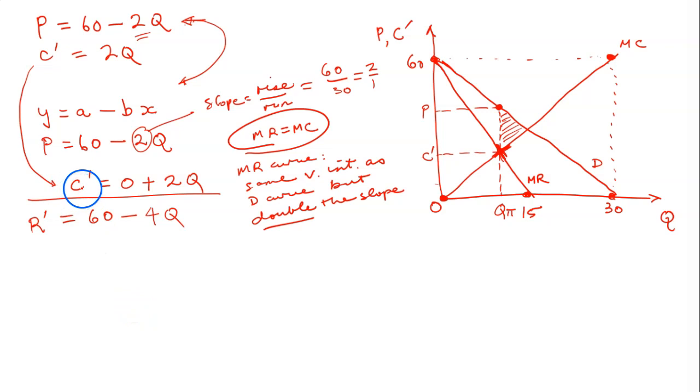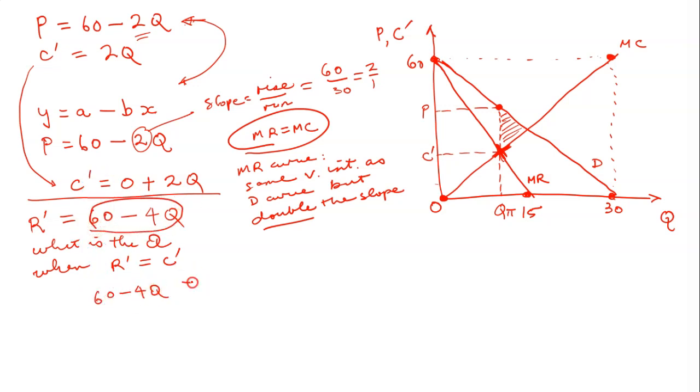Now, what we want to find is the quantity when marginal revenue equals marginal cost. So let's take this equals this, and solve for Q. Easy.